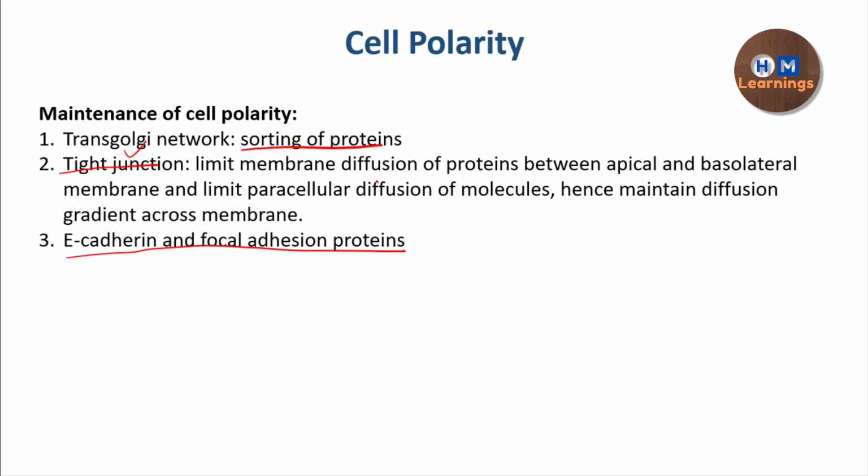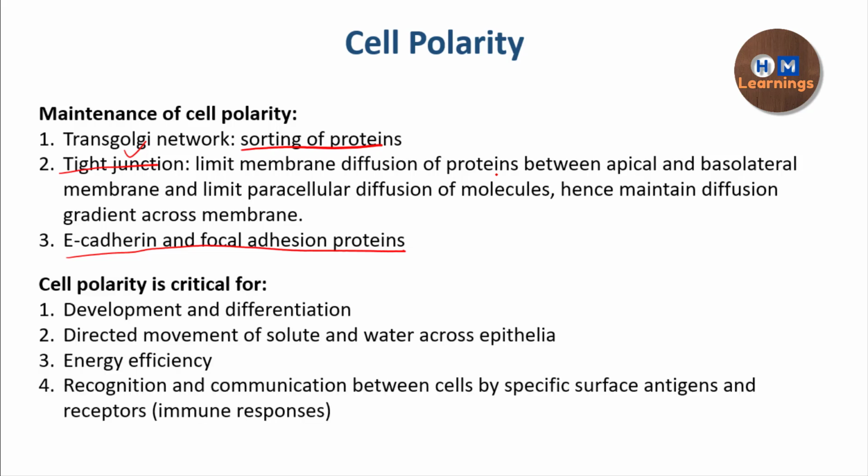Inside the membrane there is also movement of the lipids and the proteins, and that is also going to be limited. Then cell polarity, what is its function? I already talked about this function, and also about this function, that it helps in the recognition by specific antigens, which is important for the immune response, also for the endocrine responses, because of the presence of the specific type of receptors on the apical side and on the basal side.